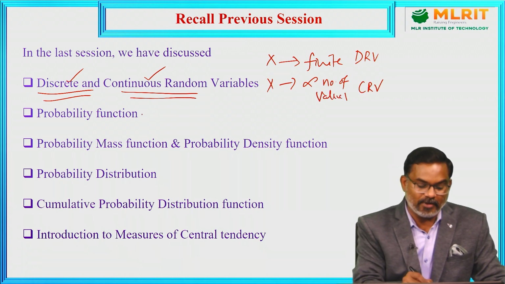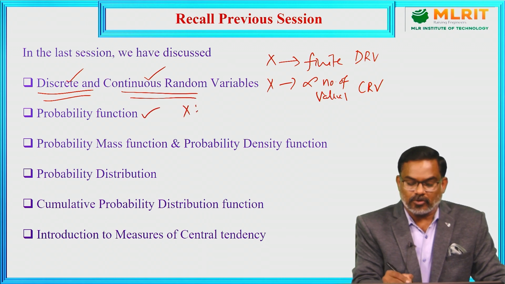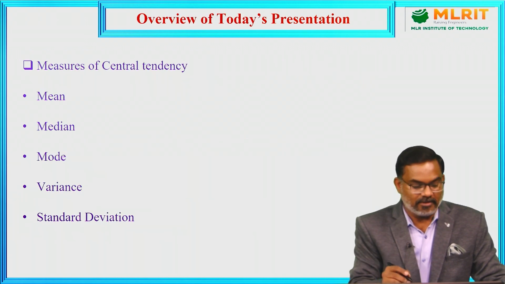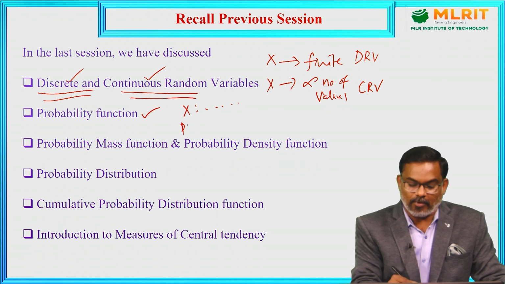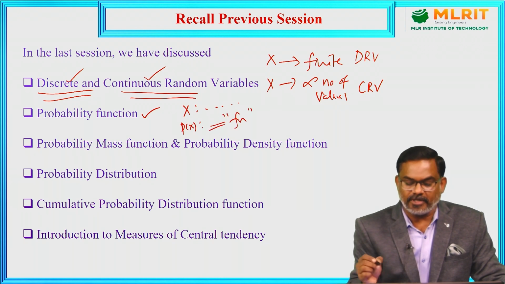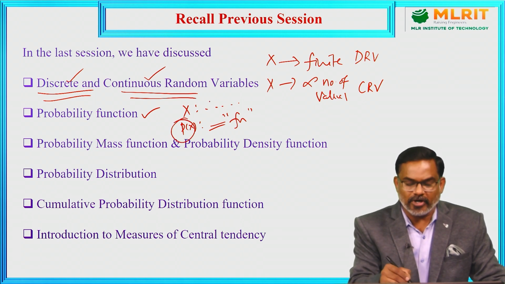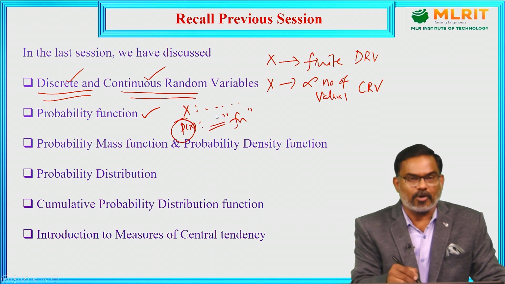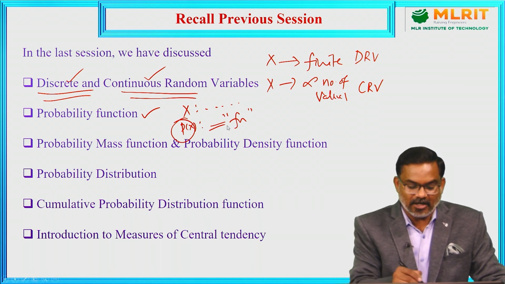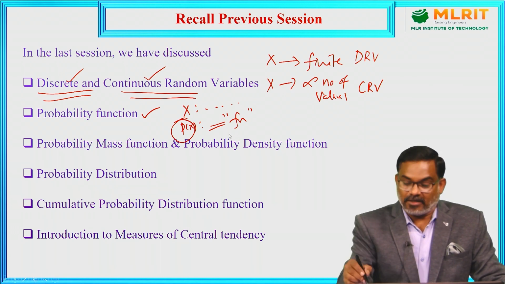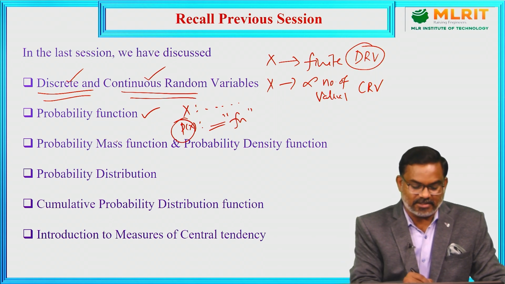Then the probability corresponding to the values of the random variable, we find using a function which is called the probability function. Using this P of X, we can calculate the corresponding probabilities. There are two types of probability functions. For a discrete random variable, it is called the mass function.